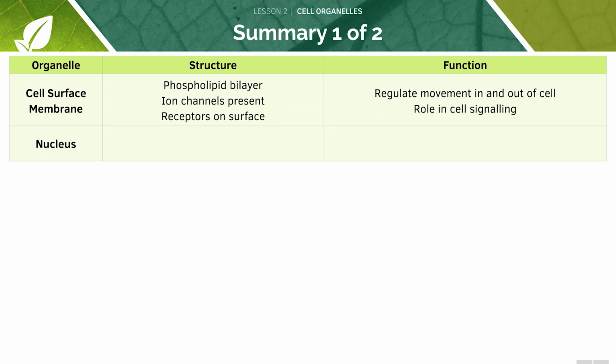Next, we will look at the nucleus. This consisted of a nuclear envelope and the nucleolus. Its function was to carry the genetic information and to control the cell activity.